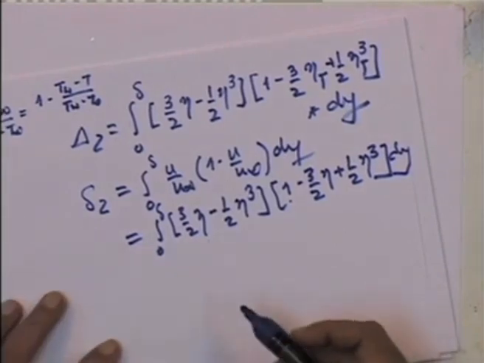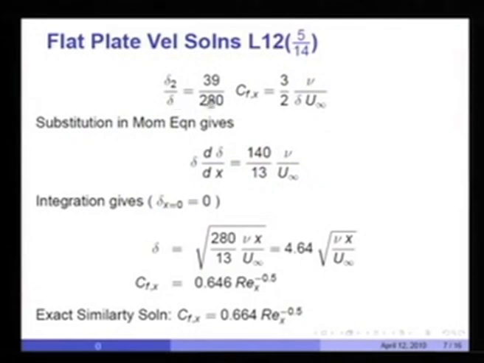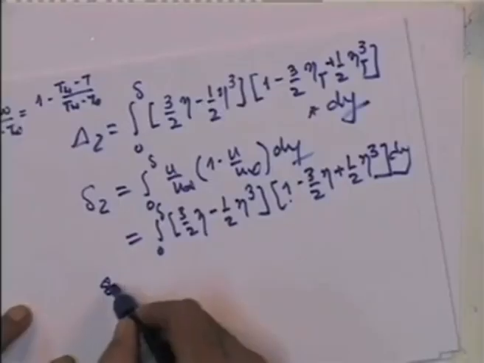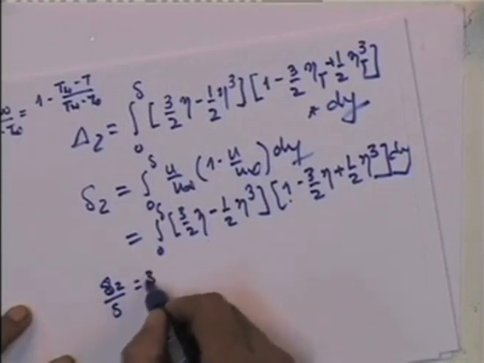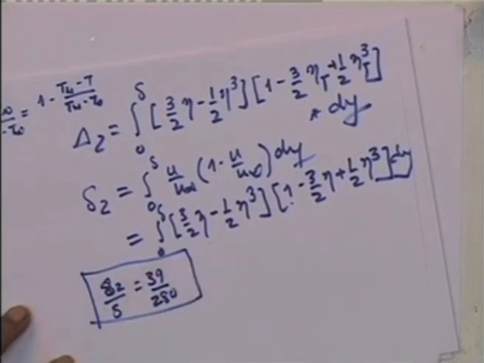That evaluation gives you that delta 2 by delta is equal to 39 by 280. So, this is one result.